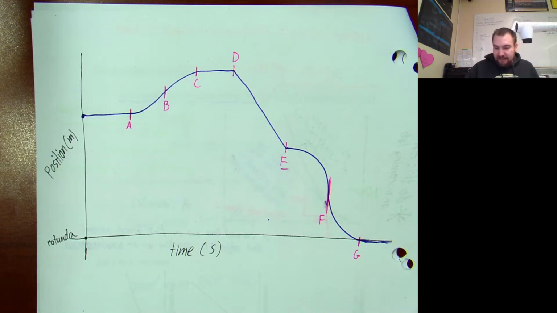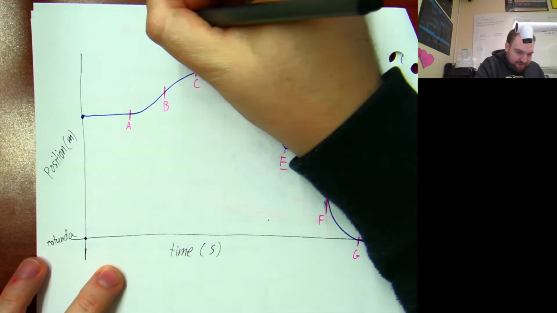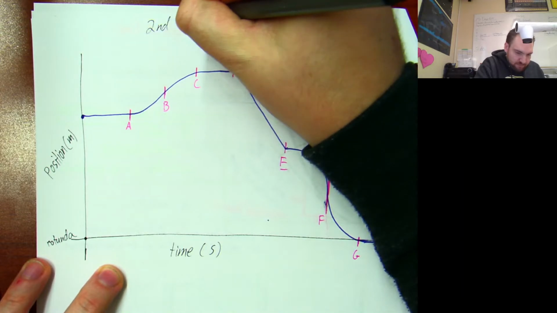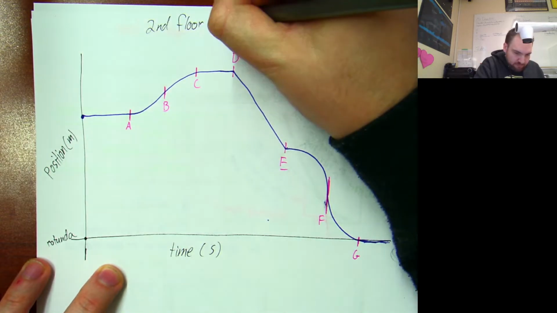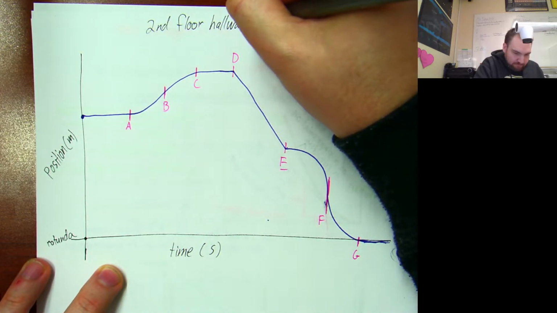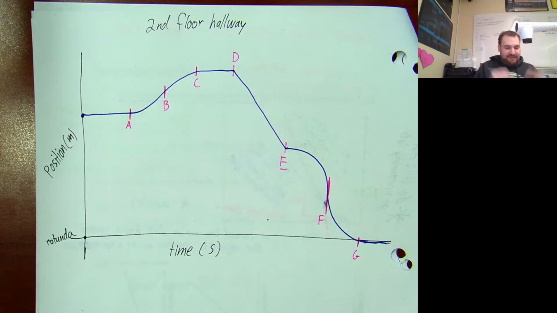This is a depiction of the second floor hallway. And you have an object that does this. So what's going on?